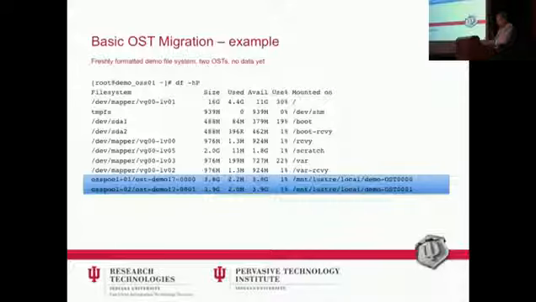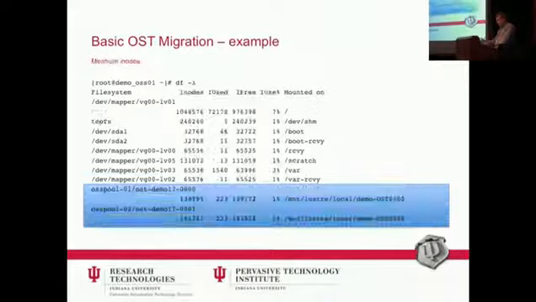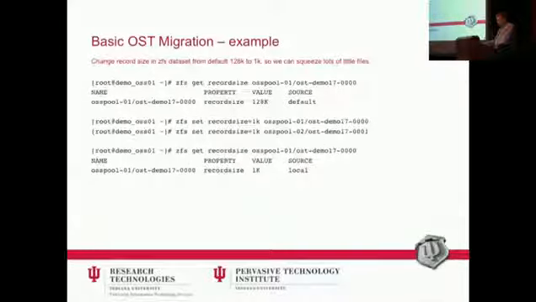And our intent here is we're going to be working on OST 0000. This is just to illustrate that there was no data there. There's virtually no inode usage. This is how it looks right after you run the MakeFS.